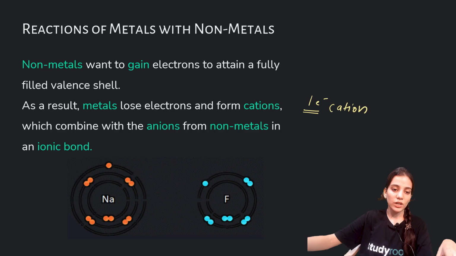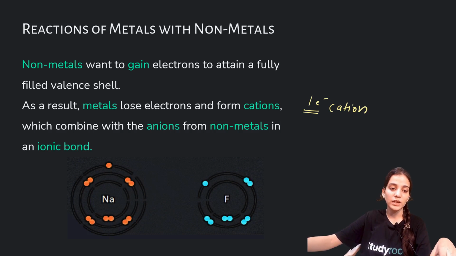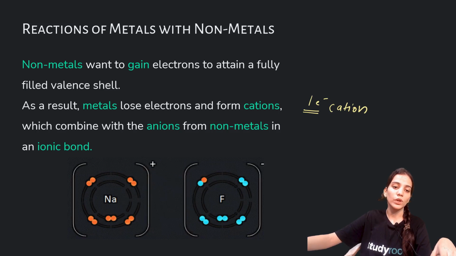Suppose this is the K shell of sodium. It has a capacity of holding 2 electrons. It is completely filled. Now the L shell has capacity to hold 8 electrons and it is again completely filled. The M shell has capacity to hold 8, whereas it contains only 1.